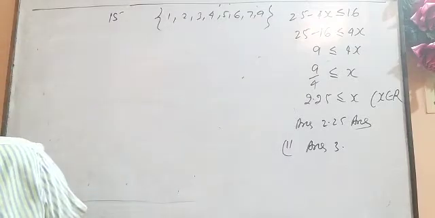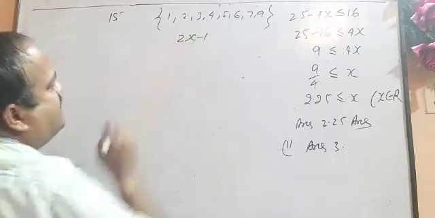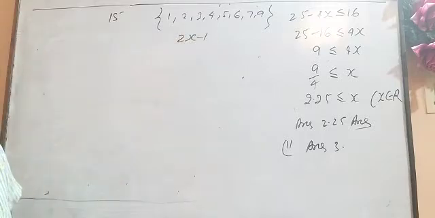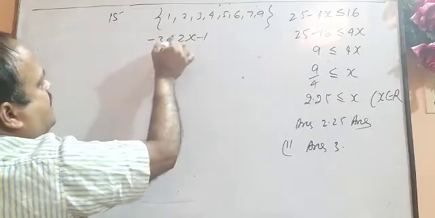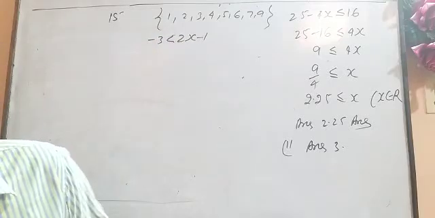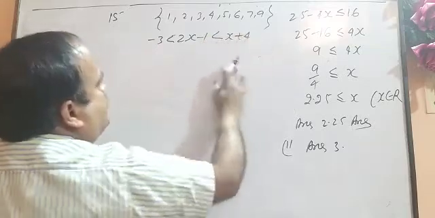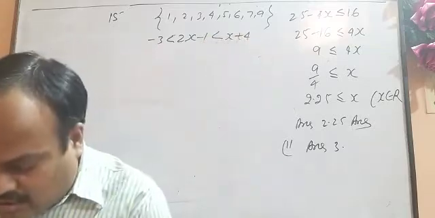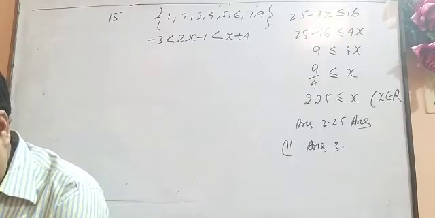Second one, we have the statement as 2x minus 1 is more than minus 3 and less than x plus 4. I read the question. Given that x belongs to this set, find the value of x for which the statement is true.